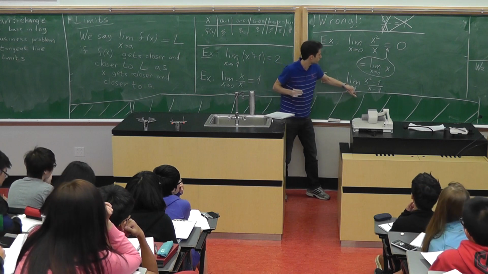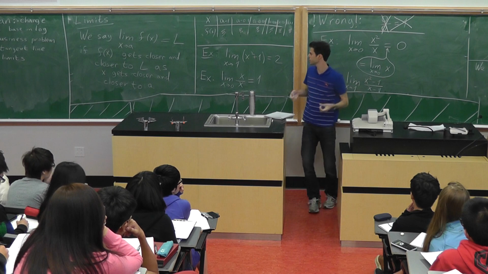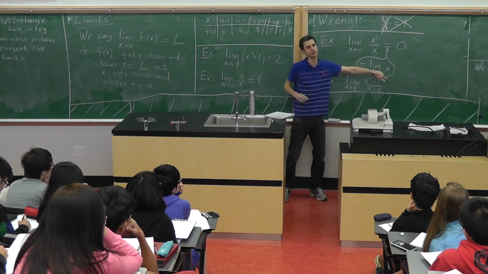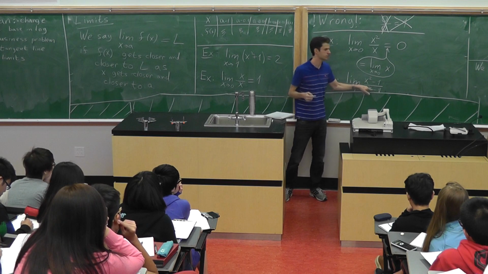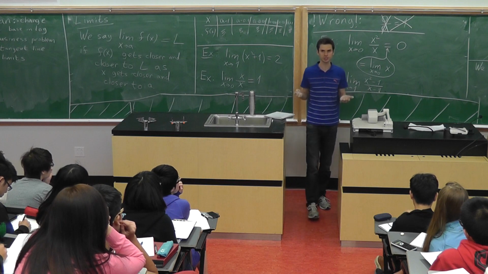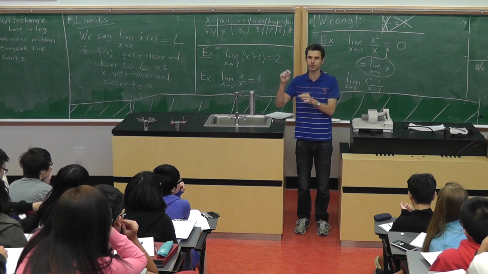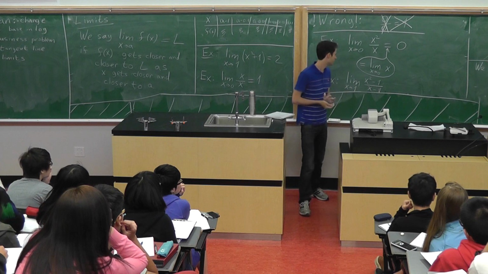When x is close to 1, first attempt is to try to see whether I can just argue it as easily as I did here. When x is close to 1, the numerator is close to 1 squared minus 1, 0. The denominator is close to 0. What can I say about the quotient? Well, nothing. If I divide one small number by another small number, I just don't know what the answer is.